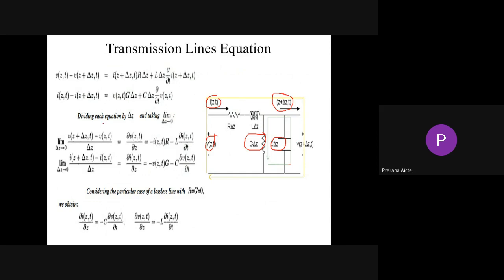Now, by dividing each equation by del of Z and taking the limit del of Z tends to 0, first dividing this expression by del of Z and taking the limits.